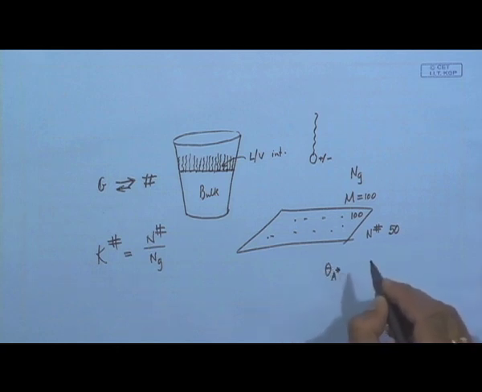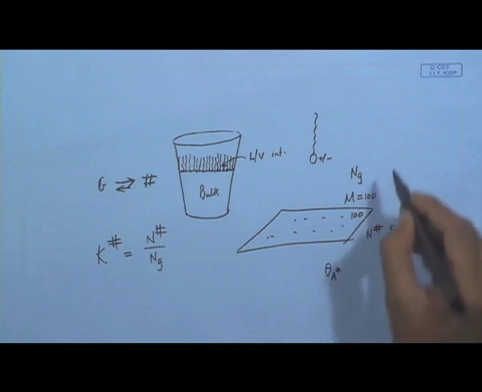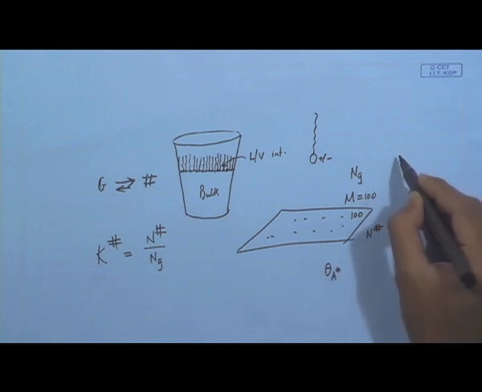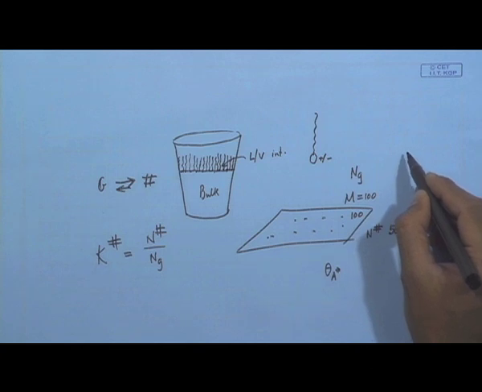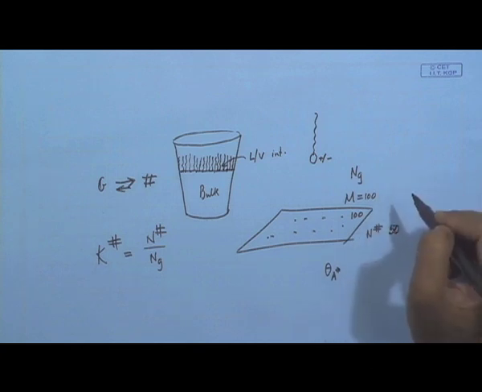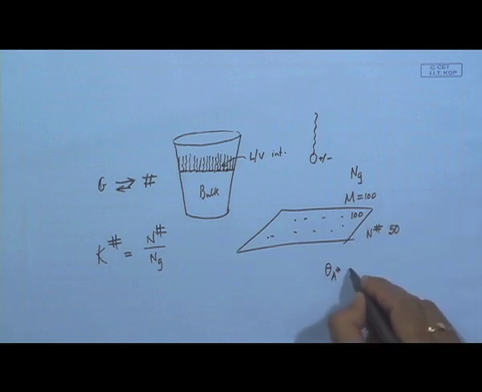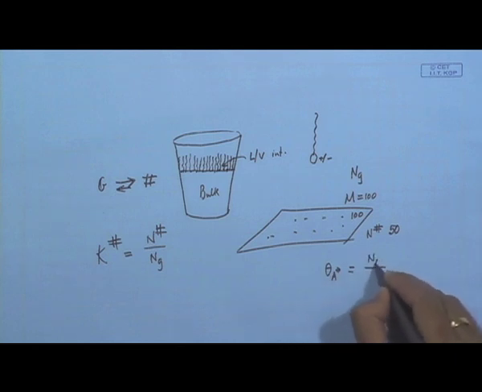Occupied means after the daggered state is getting converted to some confirmed position, that is not like a mobile, it is moving here and there looking for some position to occupy. Okay. So, it is a confirmed state. So, theta A star is equal to n A star divided by m.